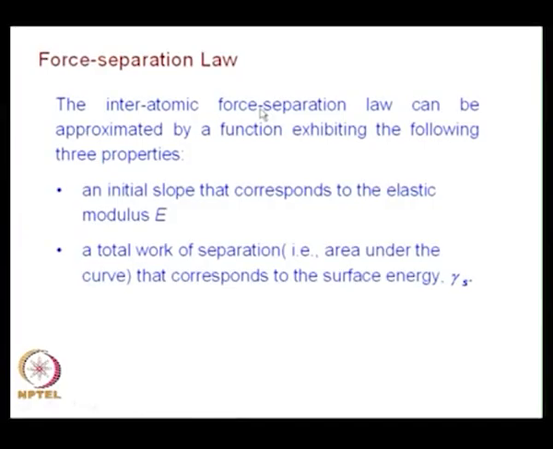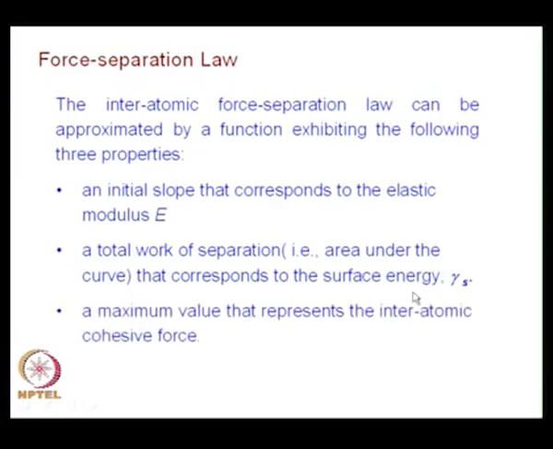So, this kind of thinking was there at that time. You need to have the force separation law to have an initial slope that corresponds to the elastic modulus E, total work of separation, that is the area under the curve, corresponds to the surface energy gamma s, and finally, you should have the amplitude, a maximum value that represents the interatomic cohesive force.